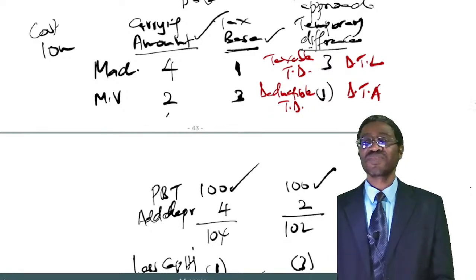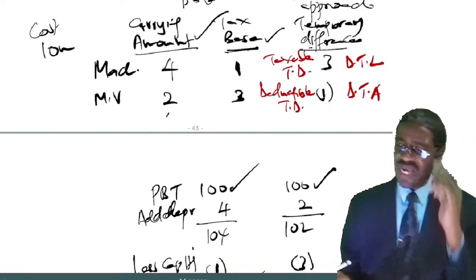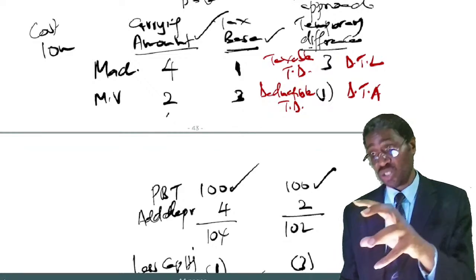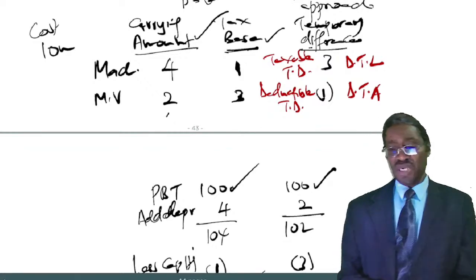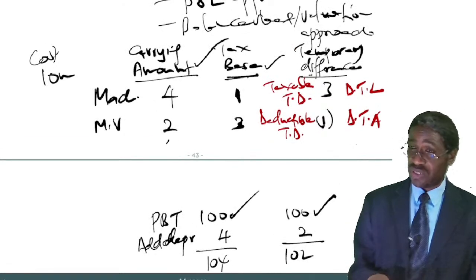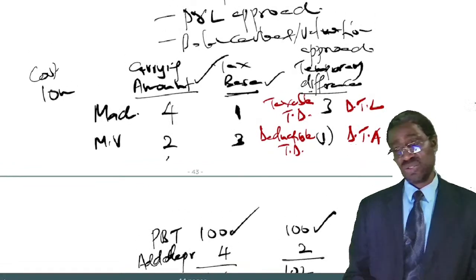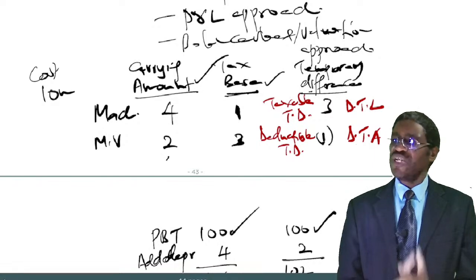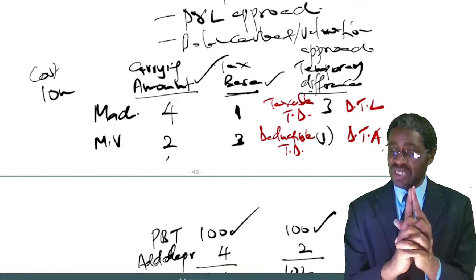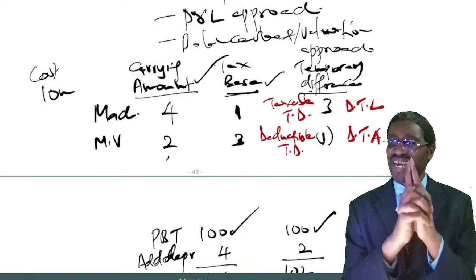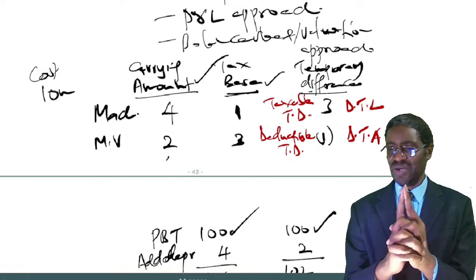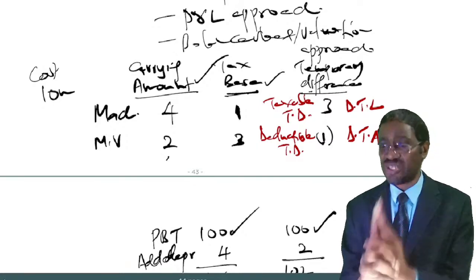Now, I hope you are realizing how the balance sheet approach works. I'm not through yet, but I'm just trying to highlight. In this balance sheet approach, we normally compare the carrying amount of an asset with its tax base.